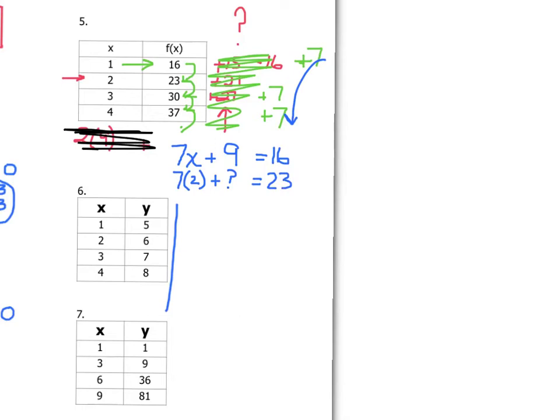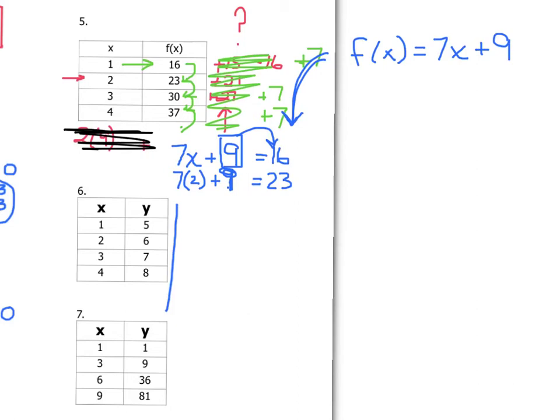So 14 plus something equals 23. Well, that becomes 9. So you found what you need to do by using the vertical pattern, which we multiplied, and then we had to figure out how did we go from that multiplication to the answer. So the rule for this one would be the function of x is 7x plus 9.